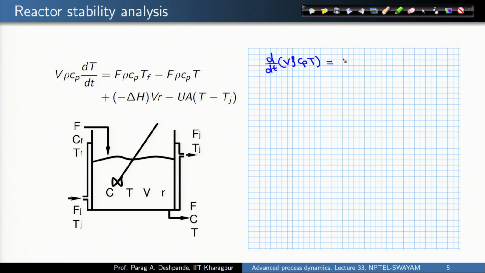My flow rate from the previous analysis was F in, rho in Cp T f, the feed temperature, minus, because of the flow, F out rho, the density in the reaction mixture, and that is the same density which is going out. So, rho Cp T, where T is the temperature at which the reaction mixture is there, and that is the temperature at which the stream leaves.